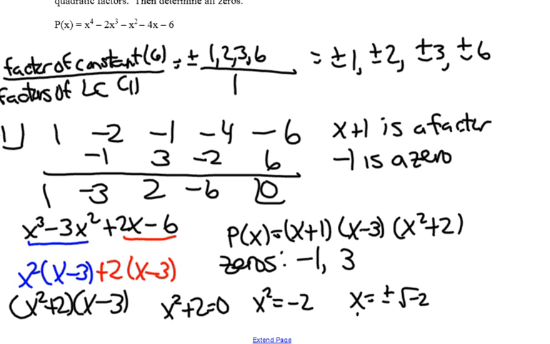Now remember, I need to pull out an imaginary unit of i. Make sure it's outside the square root. So my other two solutions are plus or minus the square root of 2 times i. Again, notice the degree is 4. I have 4 zeros. And in this particular case, they are unique. And notice, one of the complex solutions and its conjugate are both solutions for this.